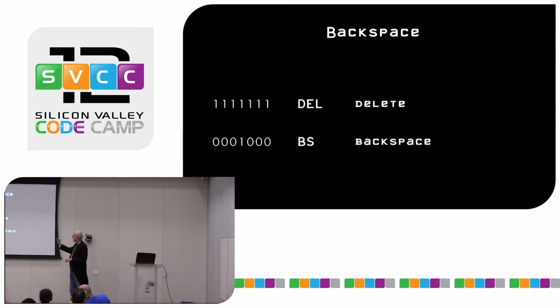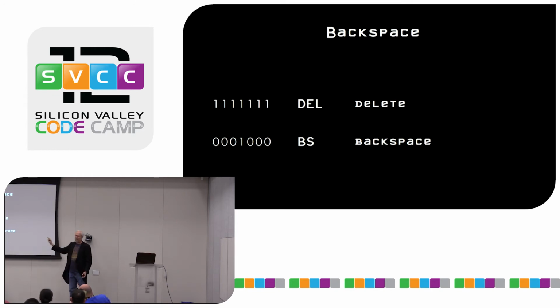There was a backspace code, which was Control H, and that meant move the print head back one character. It didn't mean erase the previous character. That's a user experience thing, and there was no user experience yet. There were no users yet. This was way before any of that.